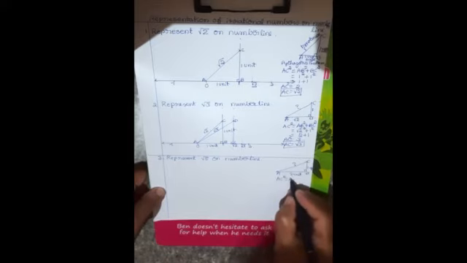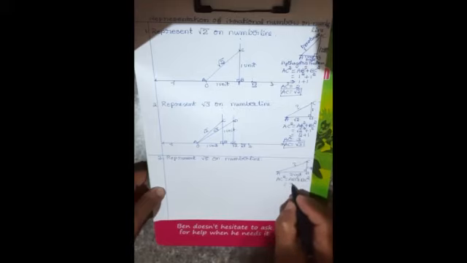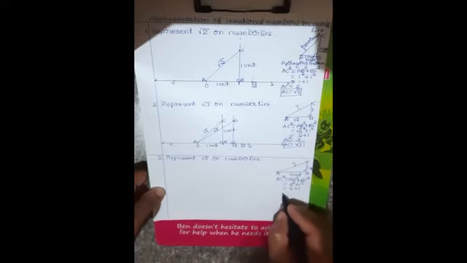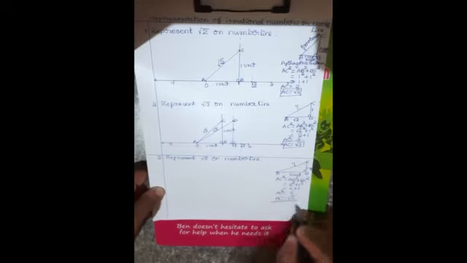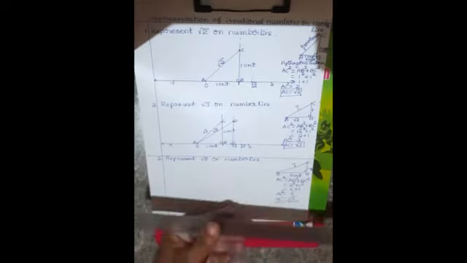AC square is equal to AB square plus BC square. So it is equal to 2 square plus 1 square. 2 square is 4. 4 plus 1 is equal to 5. AC square is 5. Therefore, AC is equal to square root of 5. Now, draw a number line.